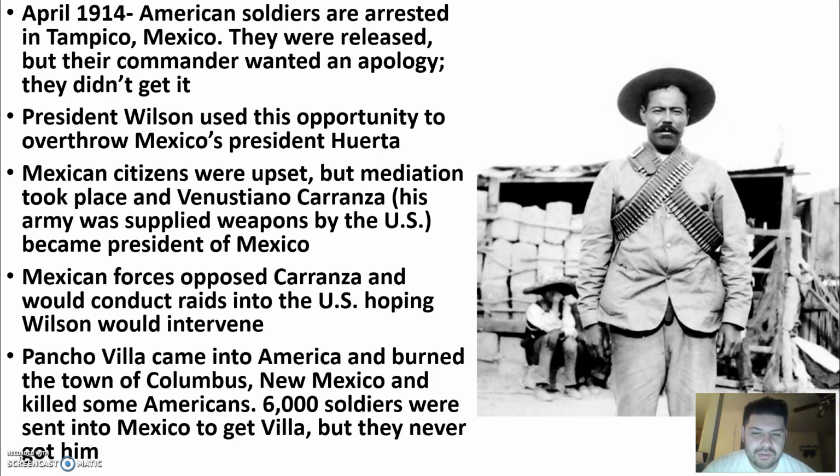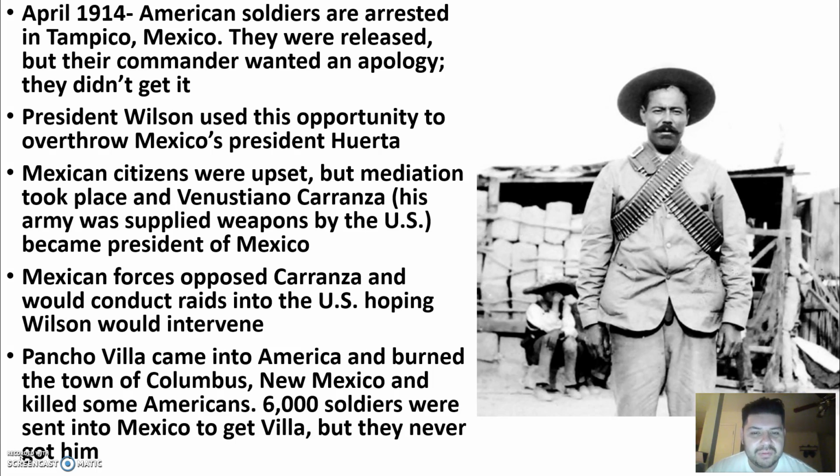So they didn't like that very much. And so there was some bad blood between Mexico and the United States. So mediation, basically a meeting to try to settle something, occurred. And this new guy, Carranza, was basically appointed.